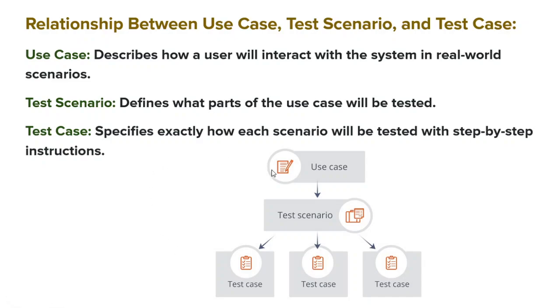So test case is basically how to test with step-by-step actions. Test scenario is derived from use cases and it defines what part of the use cases will be tested. And use cases describe how a user will interact with the system in real world scenarios. So this is the relationship between use case, test scenario and test cases.